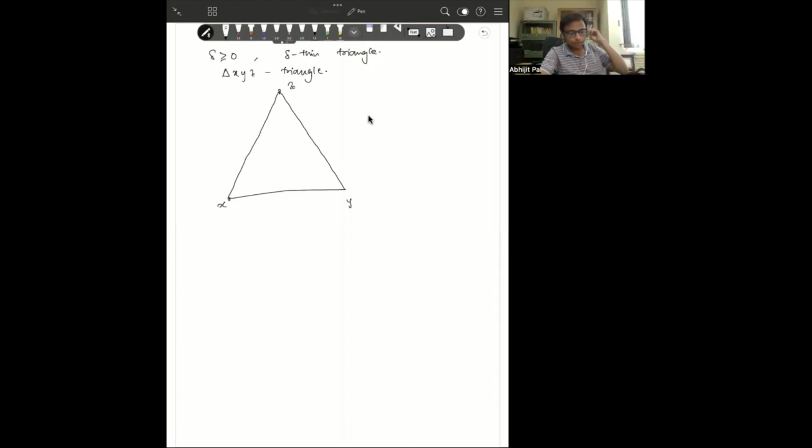So the first observation is that you will always get a point CX. You can split this triangle in this way.